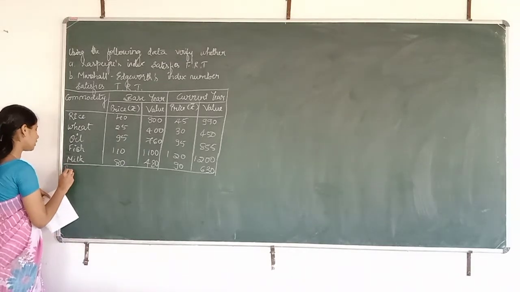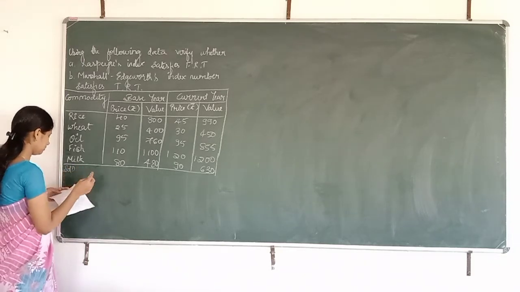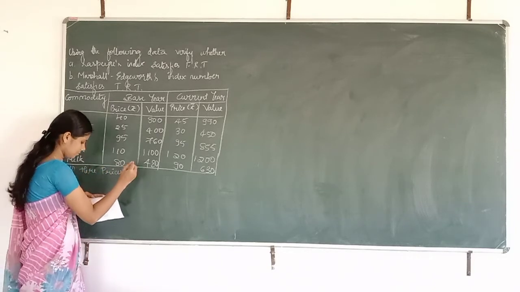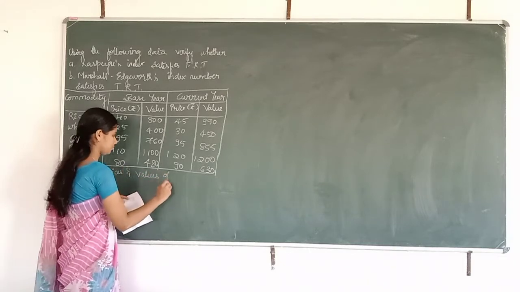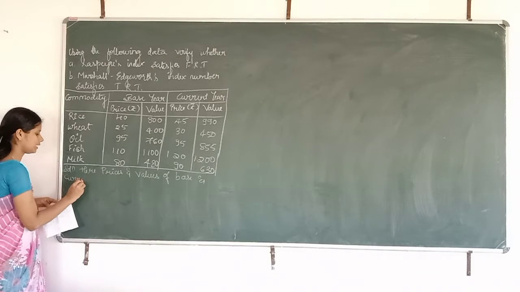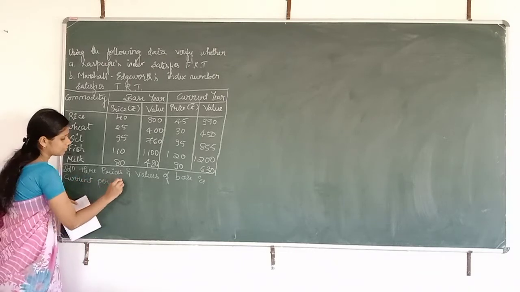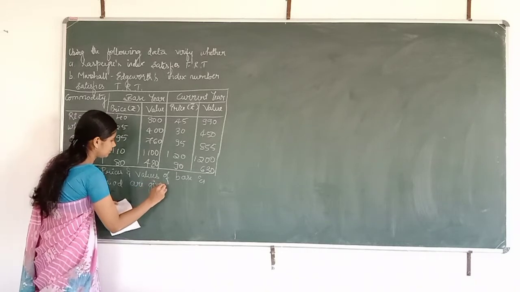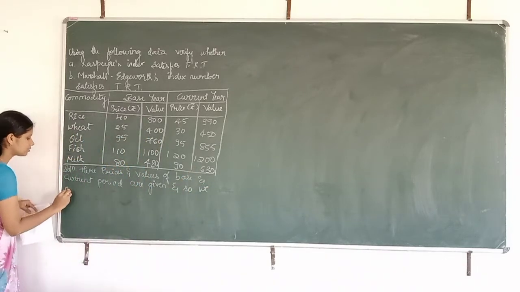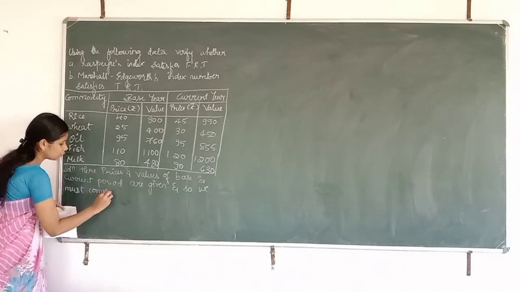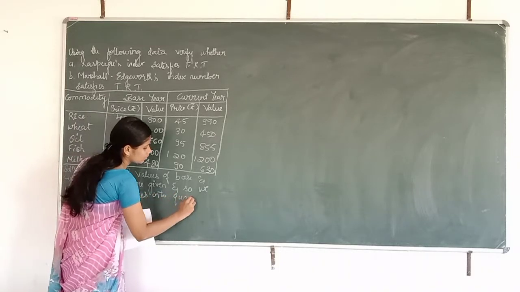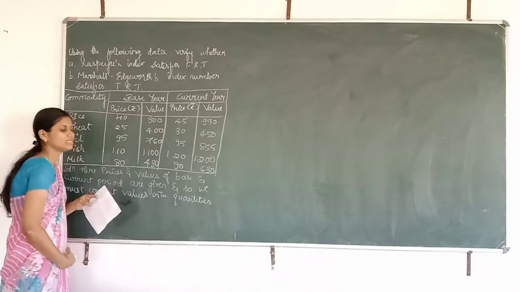So the solution: here, prices and values of base and current period are given, so we must convert values into quantities.